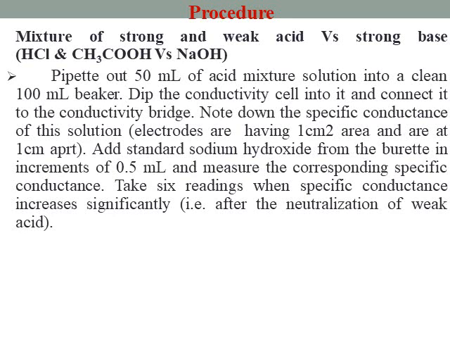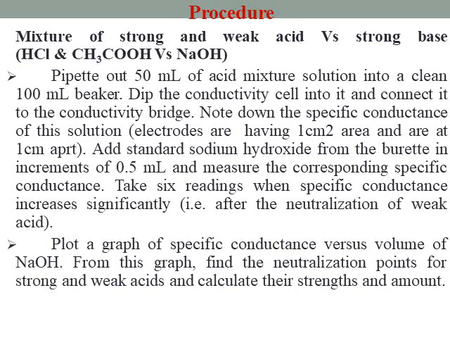A graph is plotted between the specific conductance and the volume of NaOH, and from the graph you will get three straight lines. From these three straight lines, the volumes V1 and V2 required for neutralization are calculated.